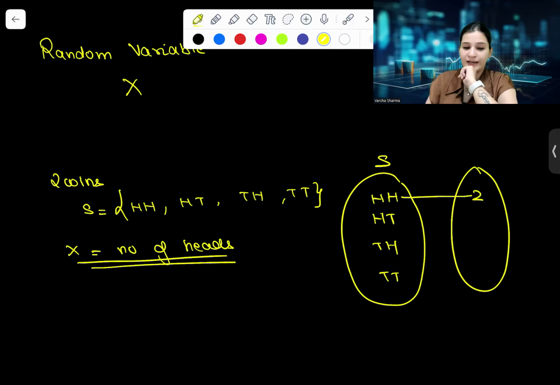So in this example, we will do 2 into 1 by 4 plus 1 into 2 by 4 plus 0 into 1 by 4. Answer: 4 by 4.